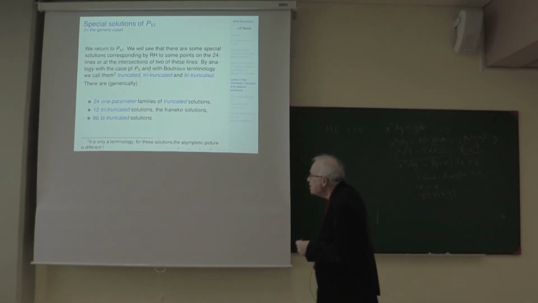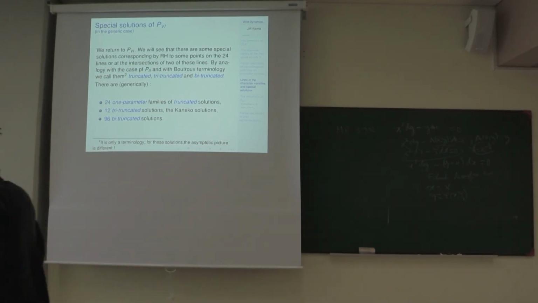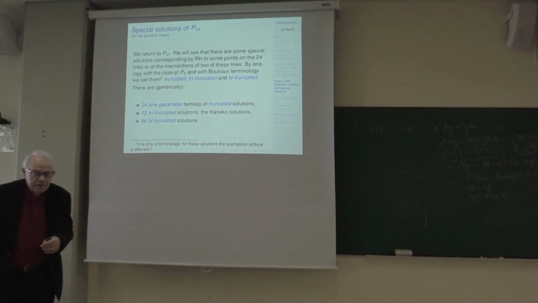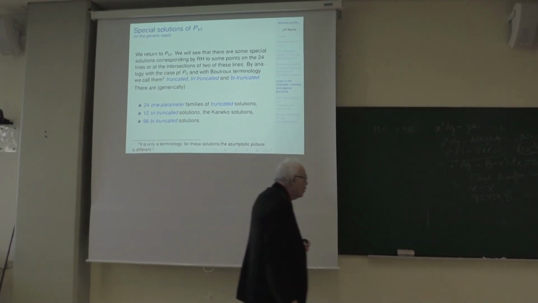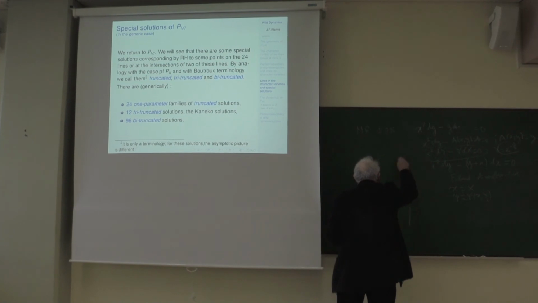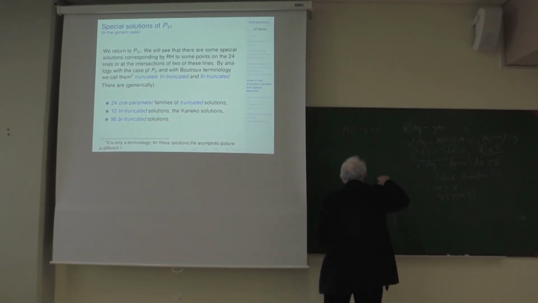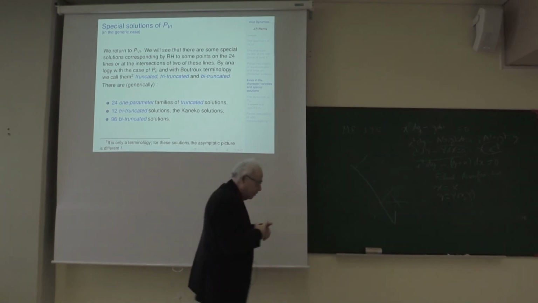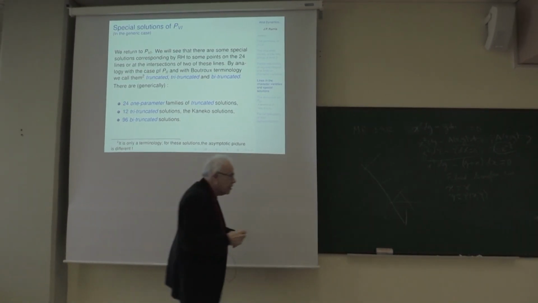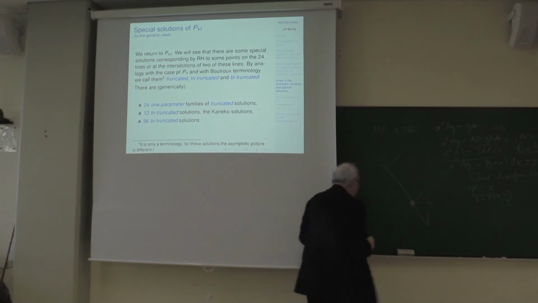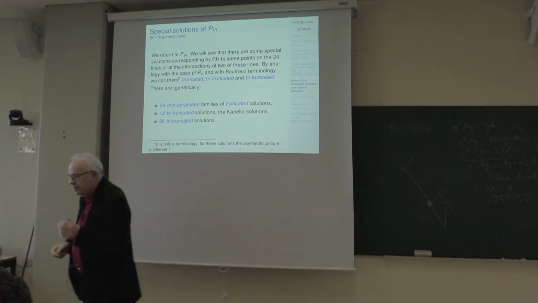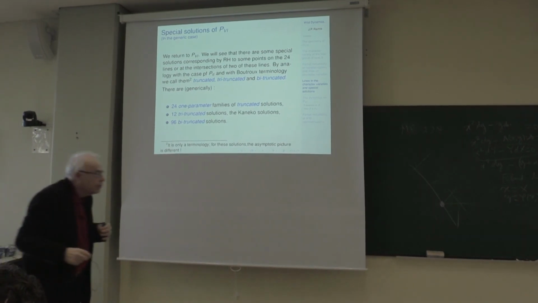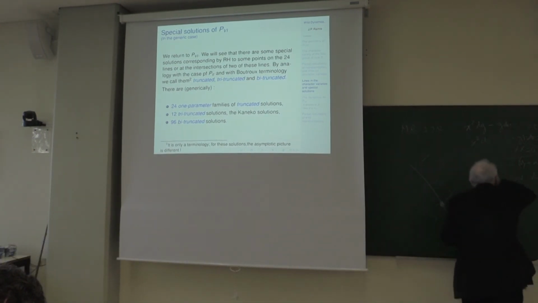There are 96 B-truncated, what we call B-truncated solutions. What are B-truncated solutions? They appear for P2 in the work of Boutroux. For P2, you have this hexagon, the triangle, and what I explained yesterday, a line of the hexagon cuts a line of the triangle at some point. You take this point, and via Riemann-Hilbert, this point corresponds to a B-truncated solution, because the picture is like that.